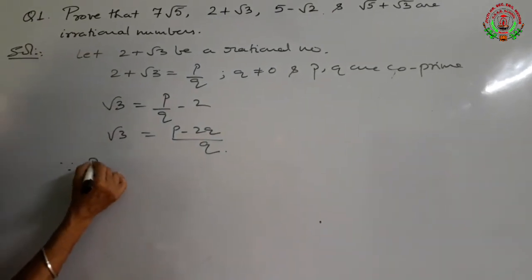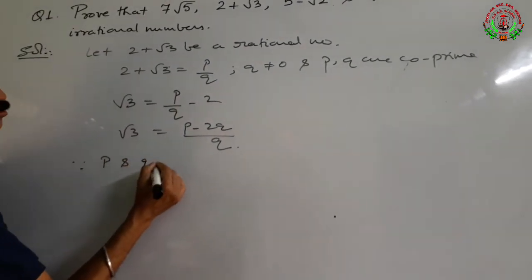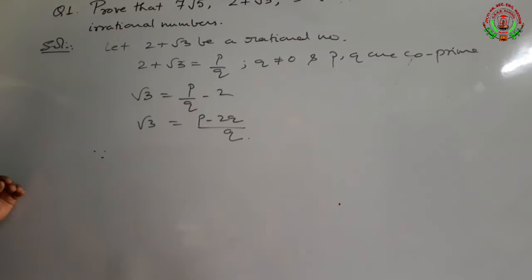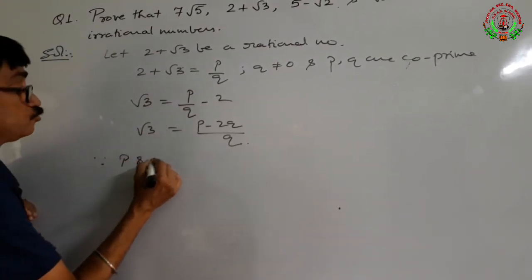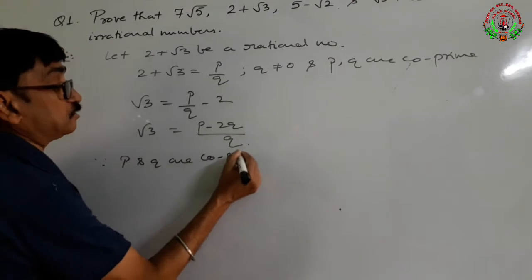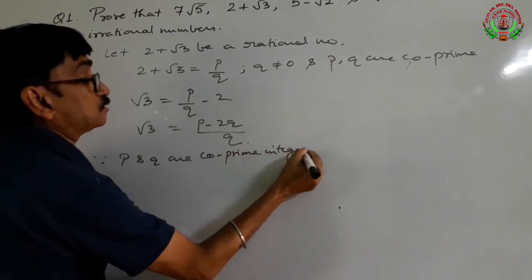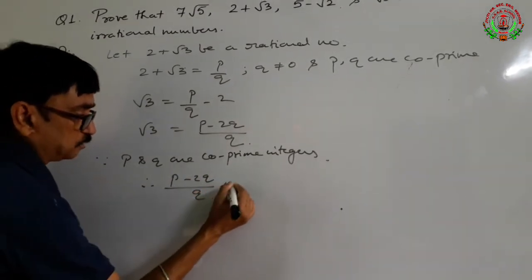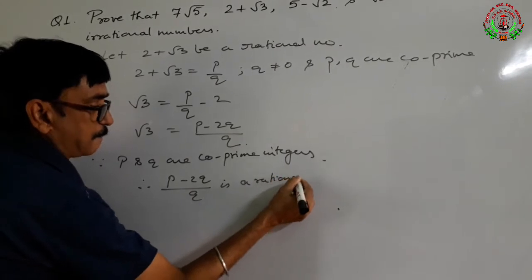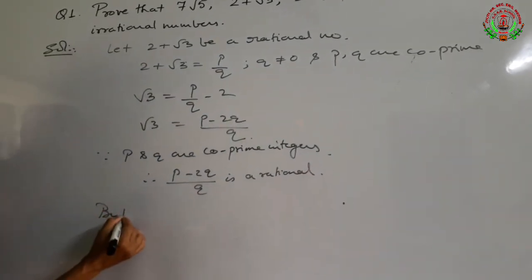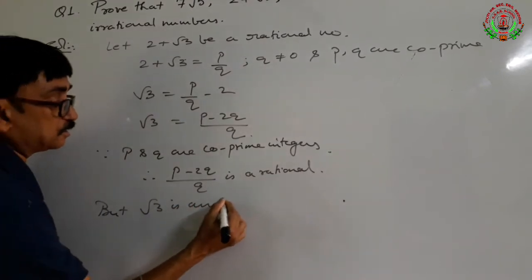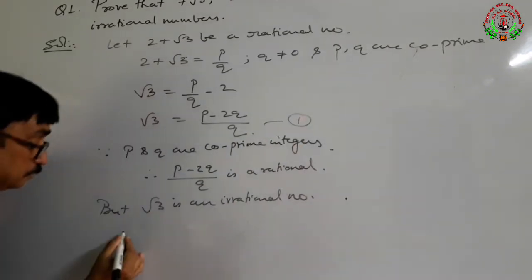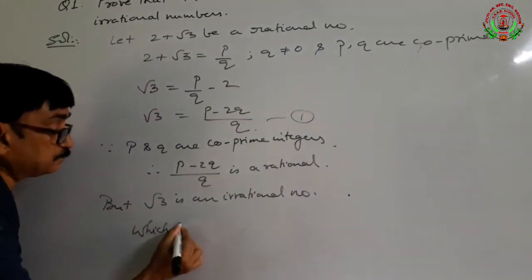Now, since p and q are co-prime integers, therefore p minus 2q upon q is rational, but root 3 is an irrational number, which is a contradiction.